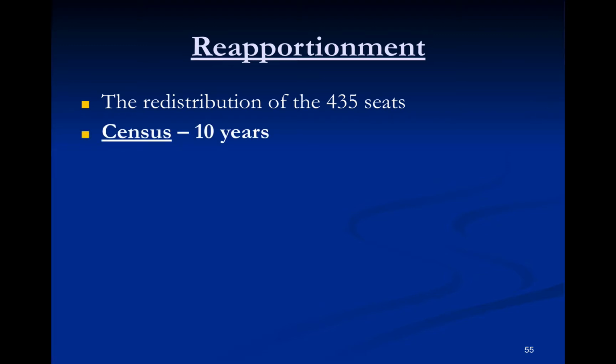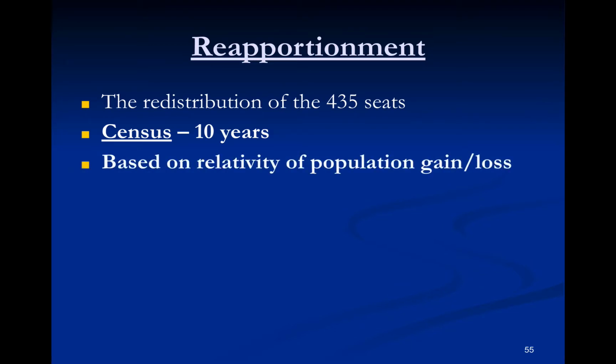That means that every 10 years we have a census, and this is required by the Constitution. And based on the results of that census, we just redistribute or reapportion the 435 seats to the states based upon the relative populations. And that could be gains or losses. So that typically means there has to be big gains or losses.